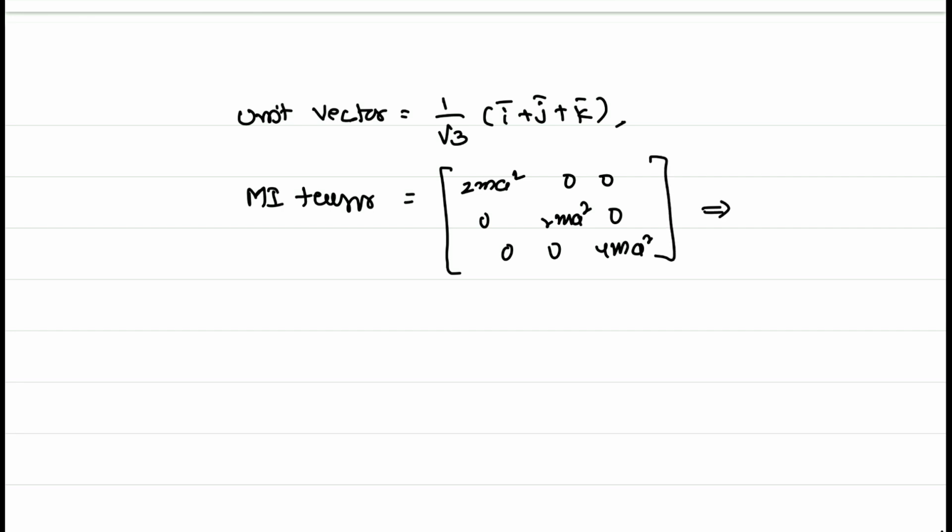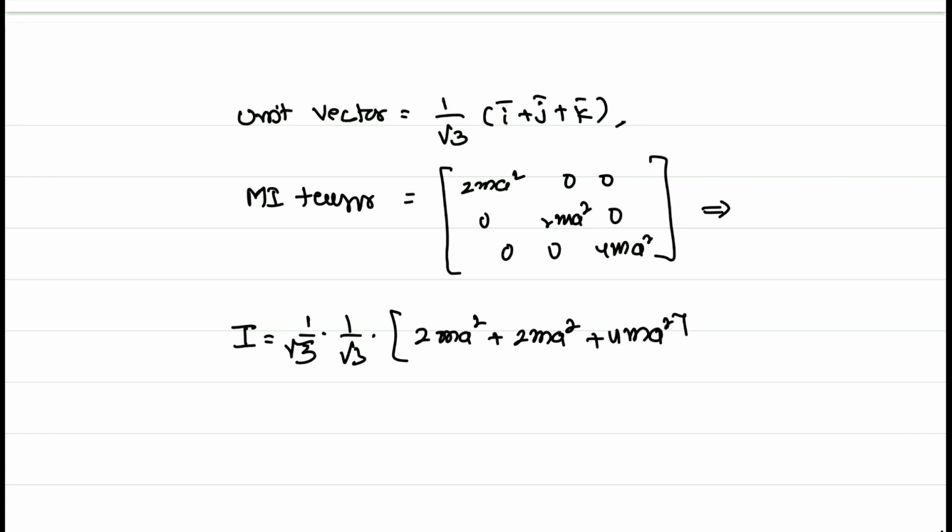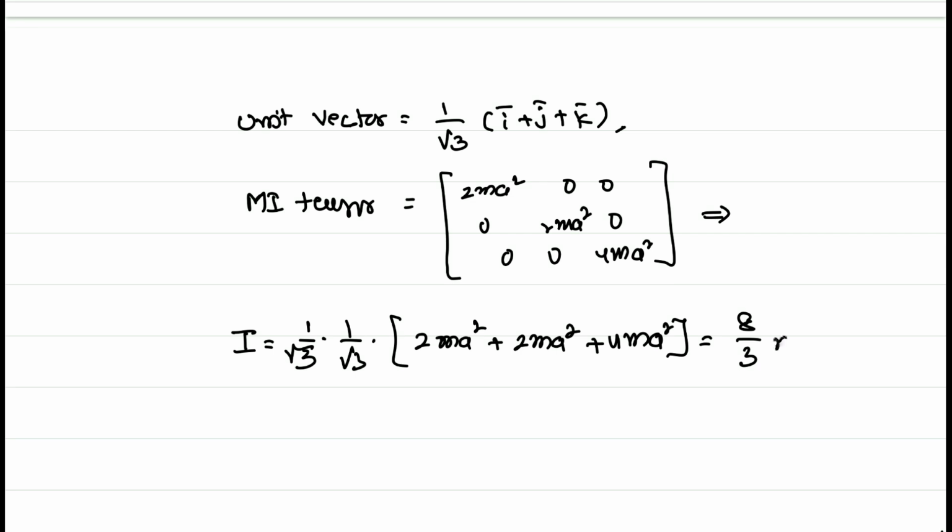These two will result in I is equal to 1 by root 3 into 1 by root 3 into 2ma square plus 2ma square plus 4ma square, that is equal to 8 by 3 ma square.